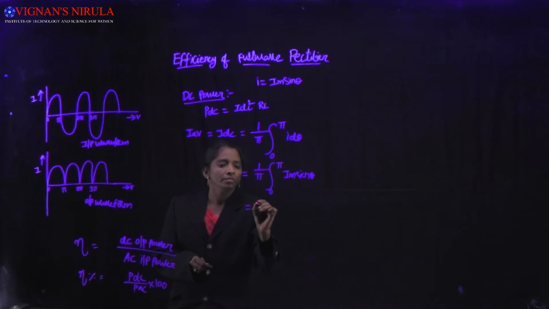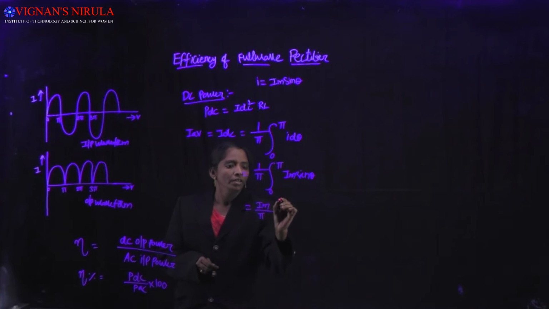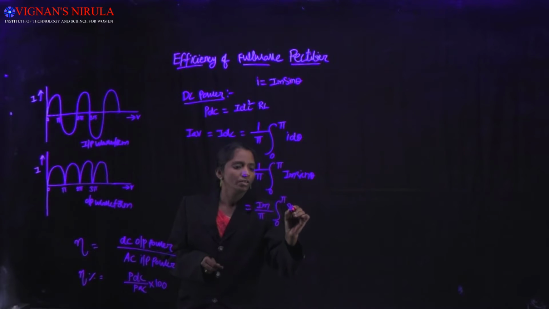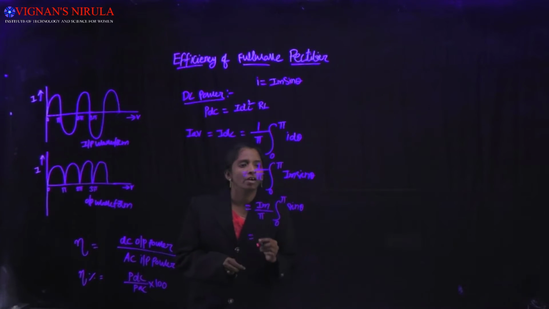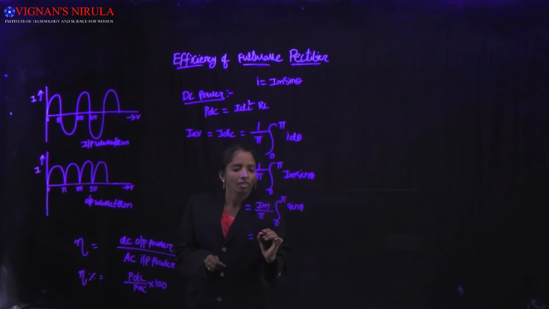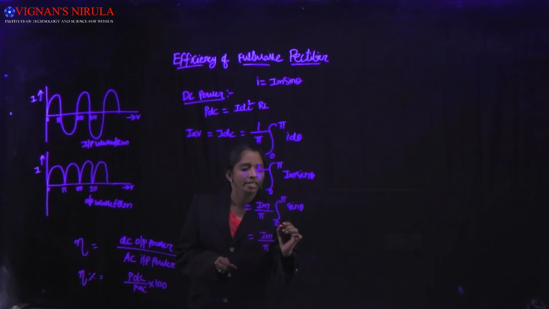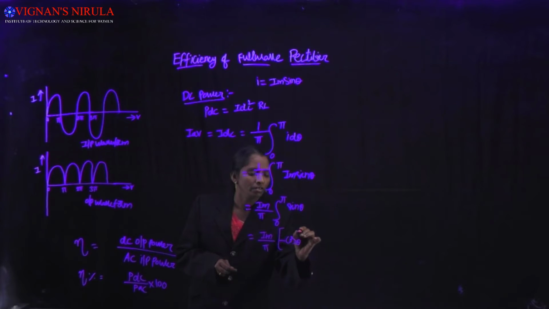Take Im by pi out, integral 0 to pi sin theta. Now write the integration of sin theta. Im by pi, we know the integration of sin theta is minus cos theta from 0 to pi.